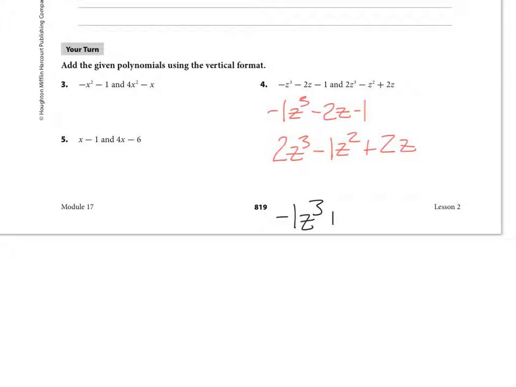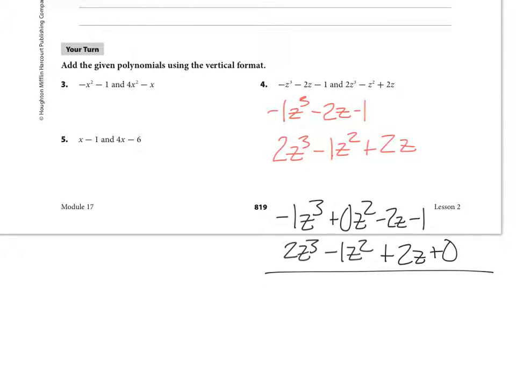And then here, if you need to, put a 0z squared to fill in the gap so that you have the alignment. And write your second polynomial. So now we have an alignment here with terms. And then if you need to here, put a 0, just so you have everything vertically aligned.